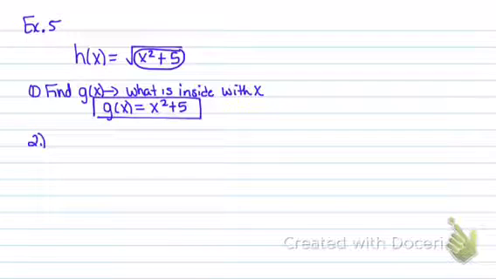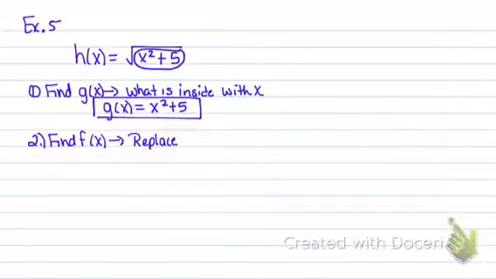And then step 2 is we're going to find f of x. We do that by replacing g of x, which in this case was the x squared plus 5, with an x.